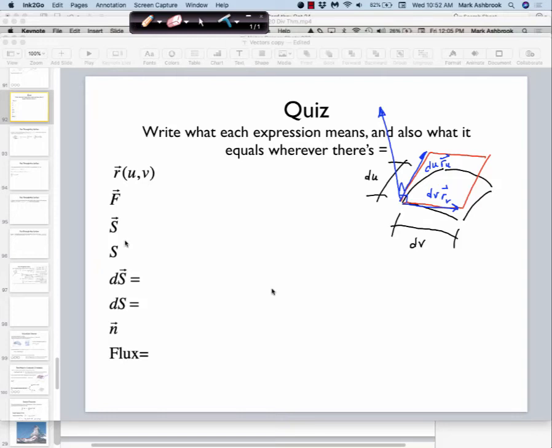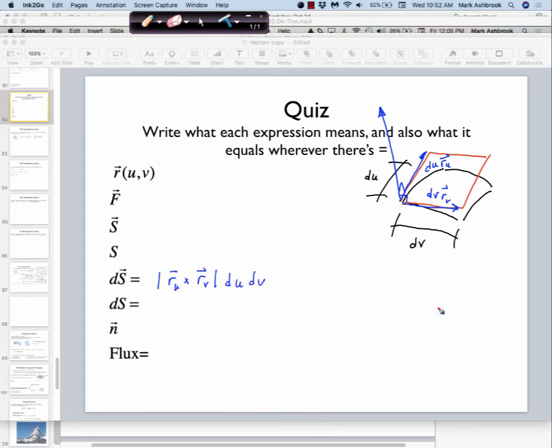So then what is the dS vector? Okay, so you're talking about how to calculate it. All right, I'll write that down. It's r_u cross r_v, which is what you get when you cross this vector with this vector.